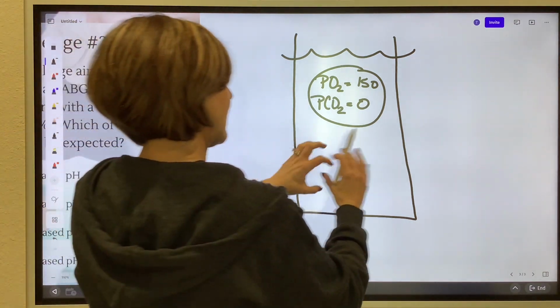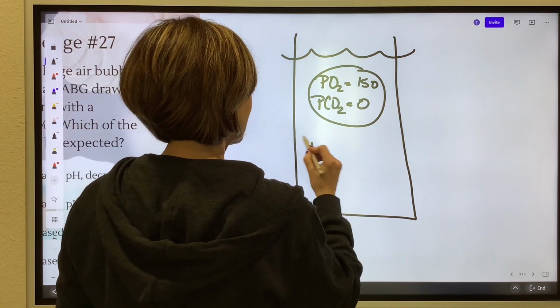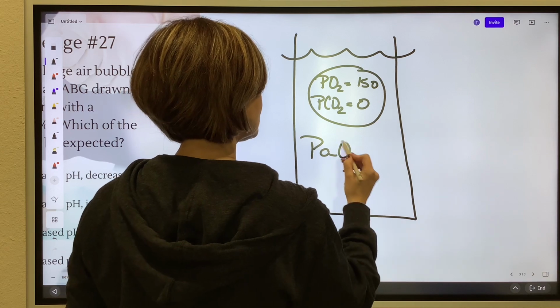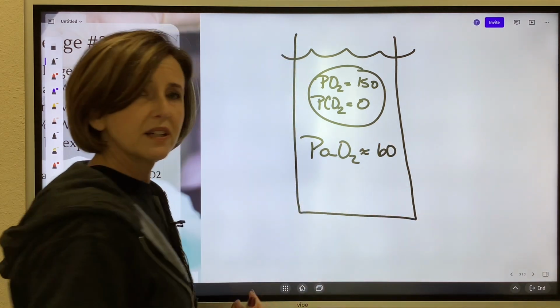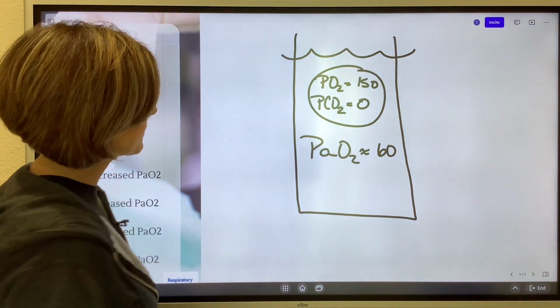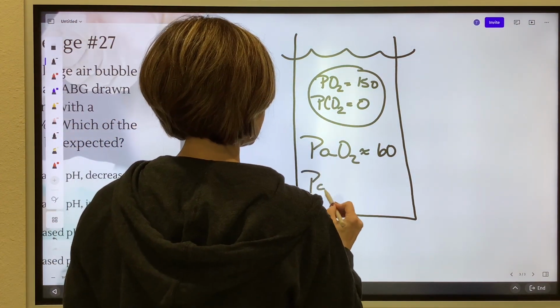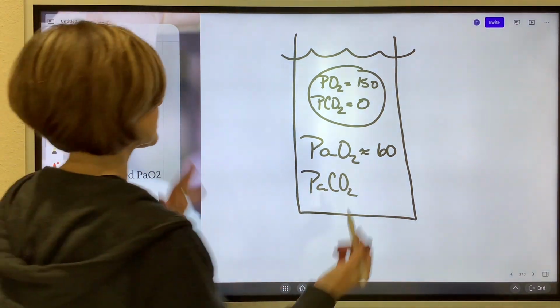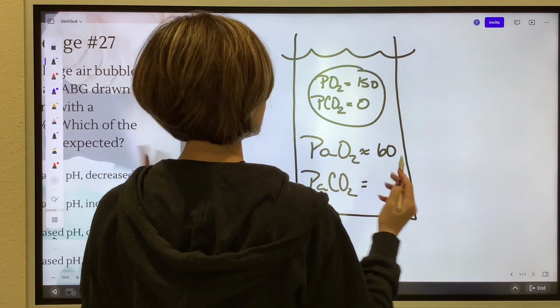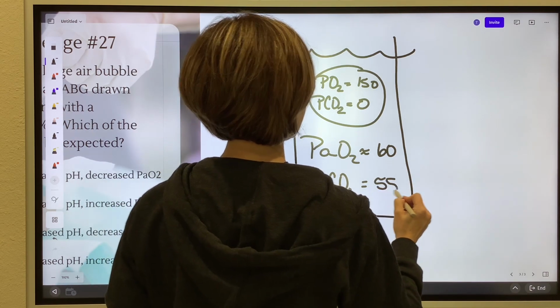All right, so now in the blood, we know this patient's PaO2 is about 60 because his sats were 90%. All right, and we don't know what the CO2 is, but CO2 will always do the same thing no matter what happens. So let's just pretend this person's CO2 is roughly around 55.